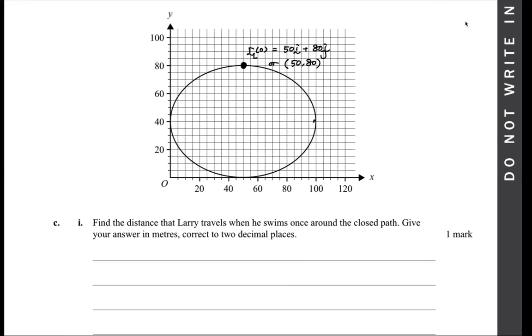So r_L(half pi) equals 100i plus 40j. Apparently, this is going in this direction. Larry is swimming in a clockwise direction, okay? Put it here.